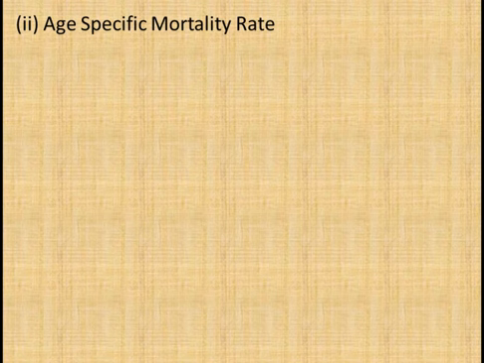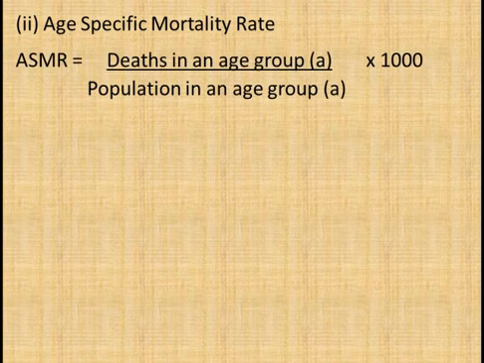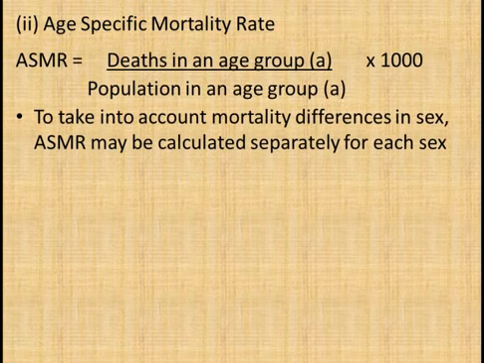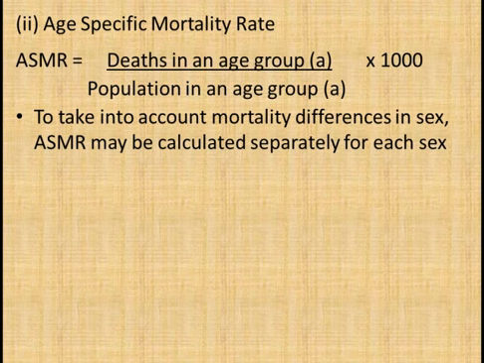As a formula, age-specific mortality rate can be presented as deaths in an age group divided by the population in that age group times 1,000. To take into account mortality differences in sex, the age-specific mortality rate may be calculated separately for each sex.